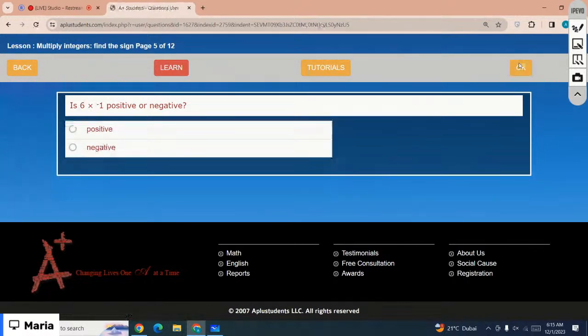Is 6 times negative 1 positive or negative? That would be negative. One of the numbers is negative, so the answer is negative.